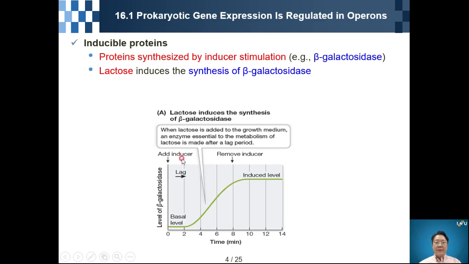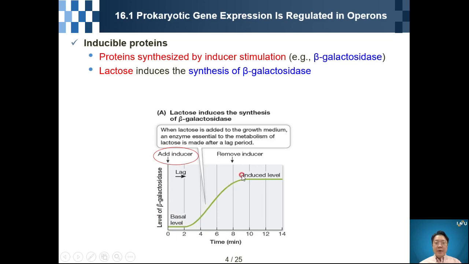After we add the inducer, lactose, the level of beta-galactosidase increases like this.